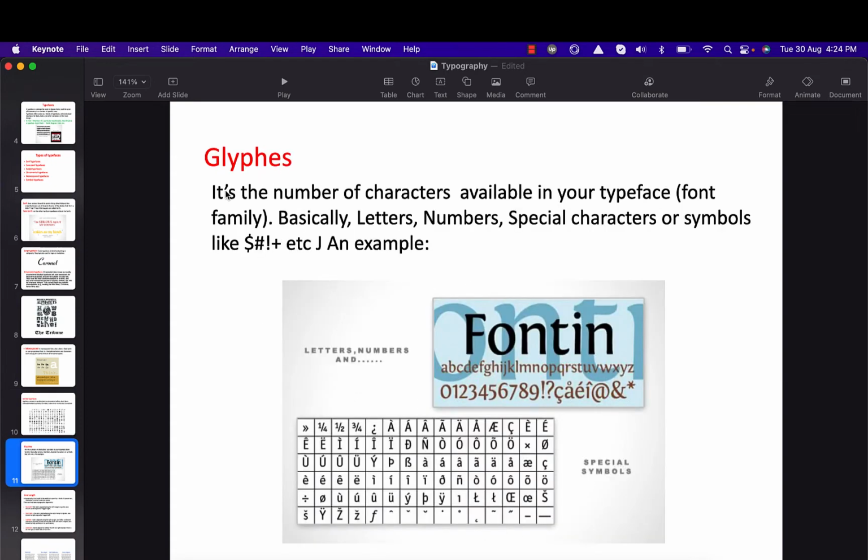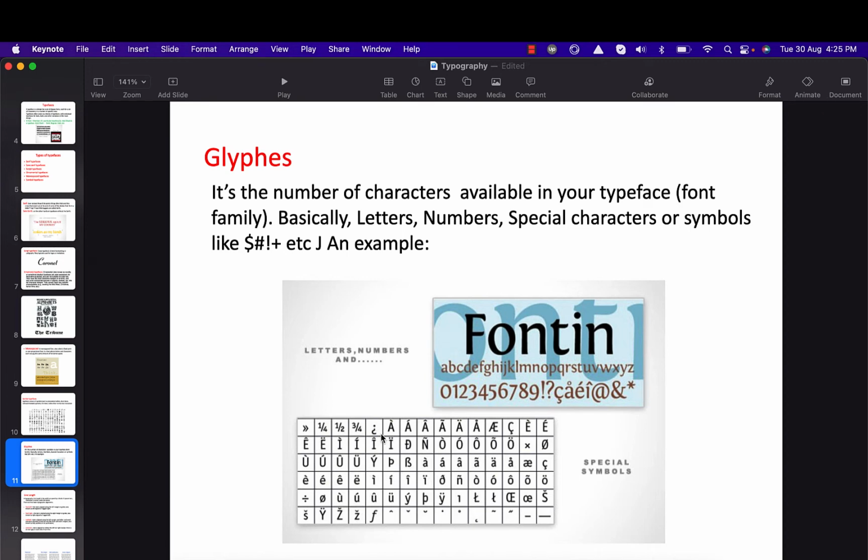Then we have glyphs. Glyphs are always available in big font families, right? Glyphs are the number of characters available in your typeface. Is your typeface adopting multi-language or not? Let's suppose you're writing in German.